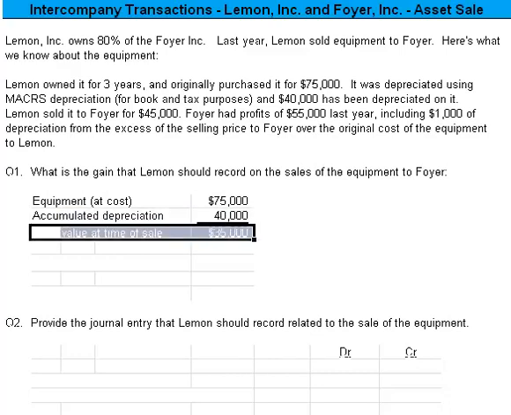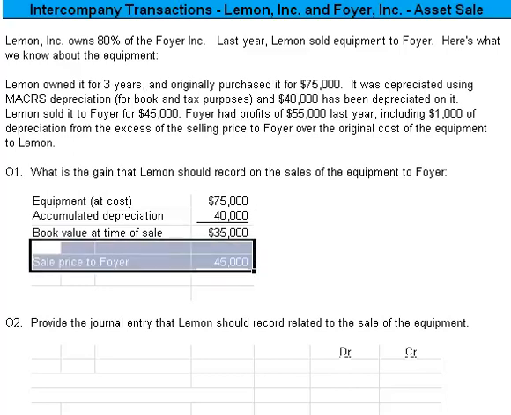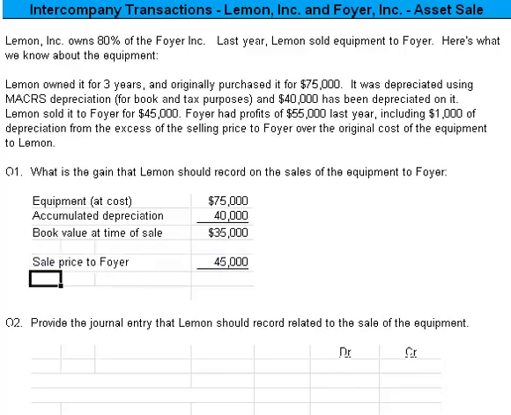If I highlight this, we can calculate that the book value at the time of sale was $35,000. Now, we had a sale to Foyer at $45,000, right? All of these numbers are simply given. And that way we know that there was a gain on sale of equipment of $10,000. So $10,000 is how we answer question 1.